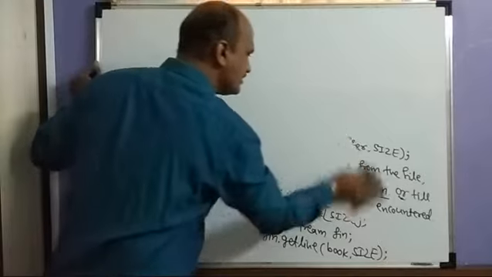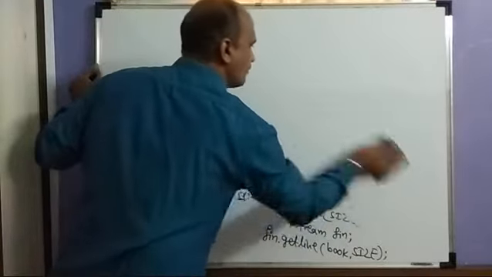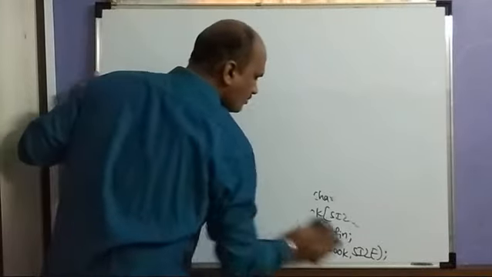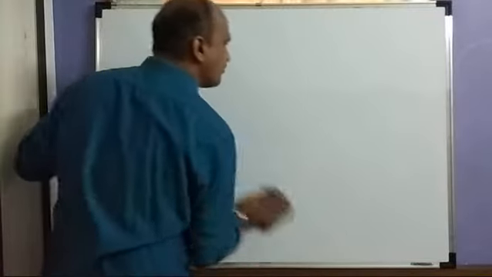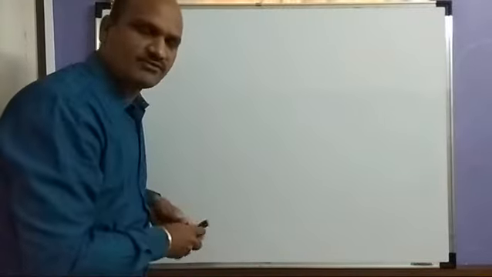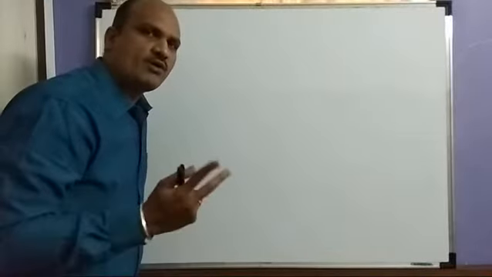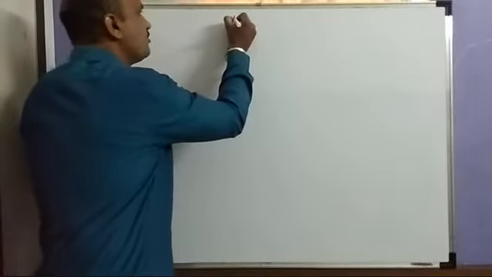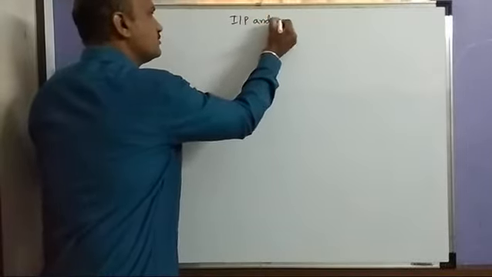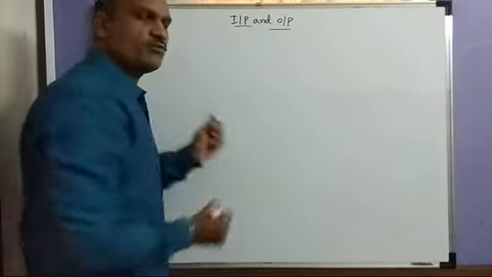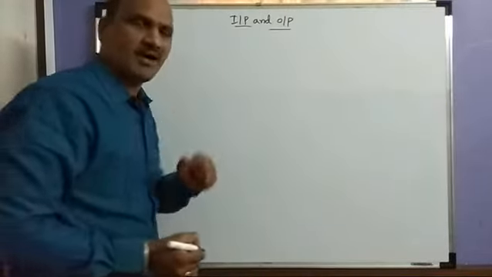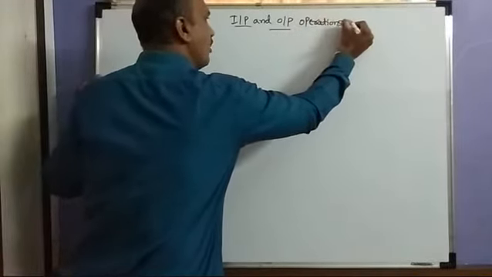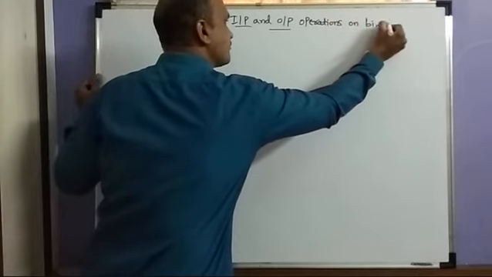As we discussed yesterday, for the text files we have two different functions. Now today we will discuss the second type of file, that is the binary files. For that also we have two functions, that is write and read. These are the input and output operations on binary files.